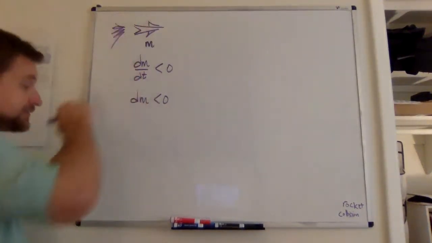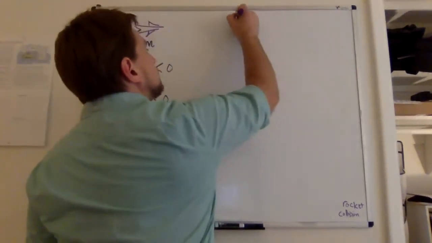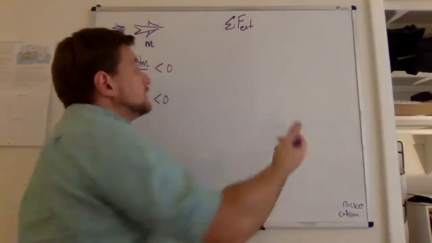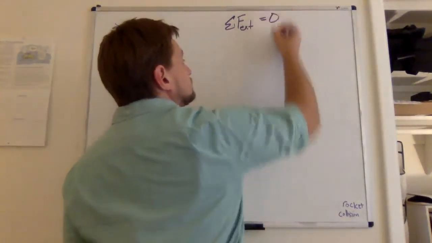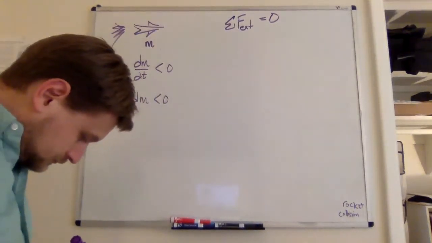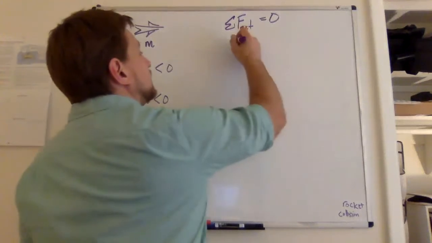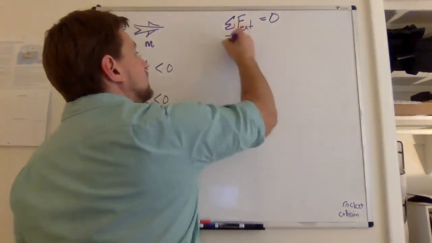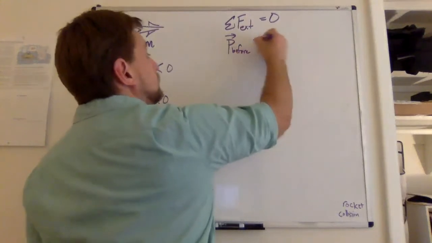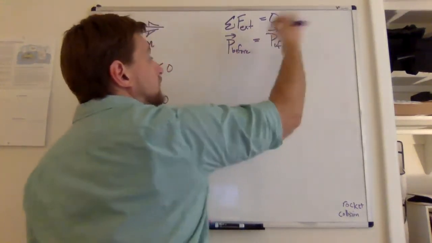Since we're in outer space, the net external force on the rocket and its fuel is 0. Which a couple segments ago, I said meant that the momentum beforehand should be equal to the momentum afterwards, after some event.